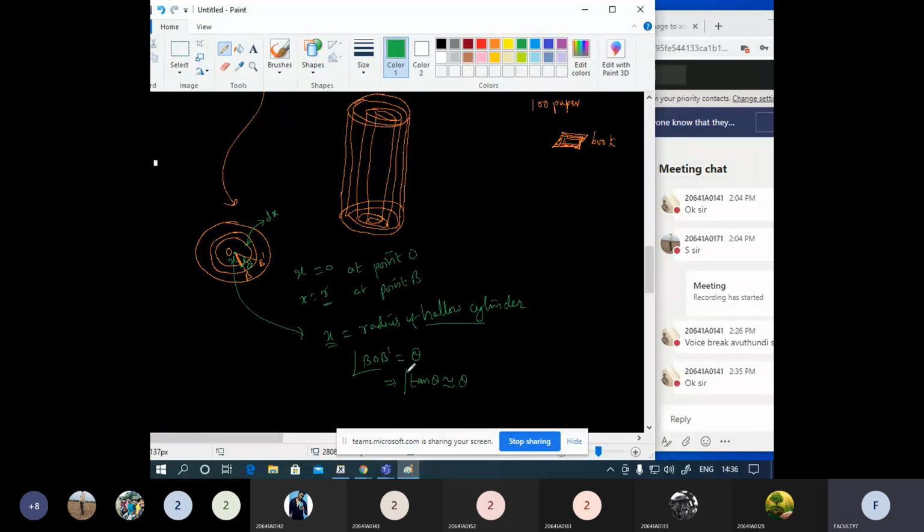So theta equals B dash by x. Now B dash equals x theta.